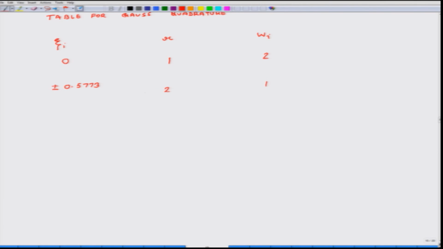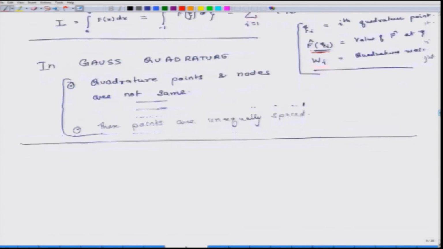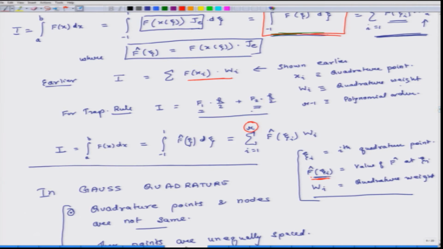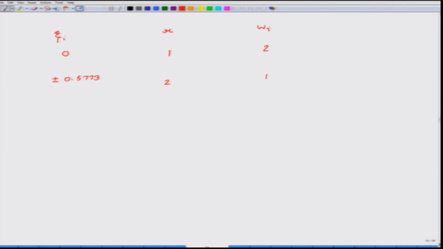So, suppose you are using 2 Gauss quadrature points, you will use this formula again. You will evaluate f hat at 2 locations. The first location will be when zeta equals minus 0.5773, you will get some number, multiply it with 1, and then add that to f hat evaluated at plus 0.5773 times 1, okay.